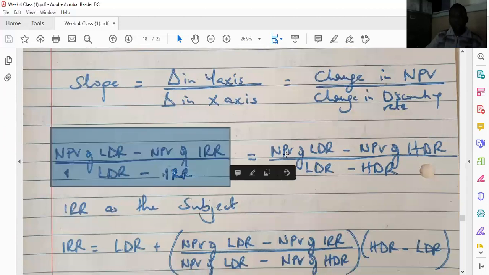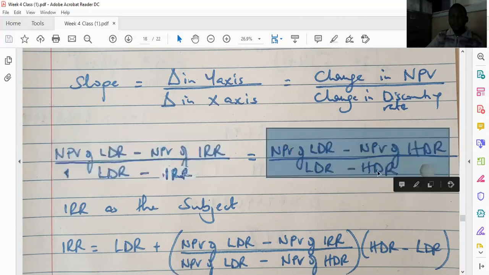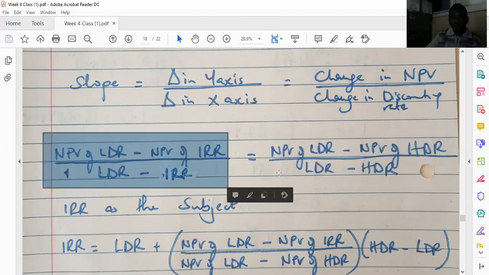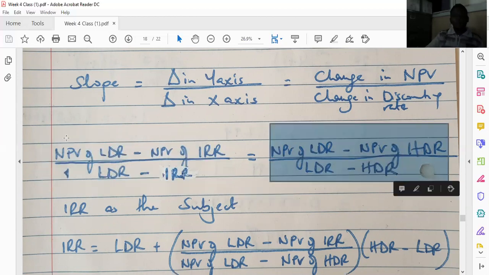It is the same as the NPV of the lower discounting rate minus the NPV of the higher discounting rate, divided by the lower discounting rate minus the higher discounting rate. So this equation is equal to this slope. So this slope is equal to this slope. Therefore, we have this equation.